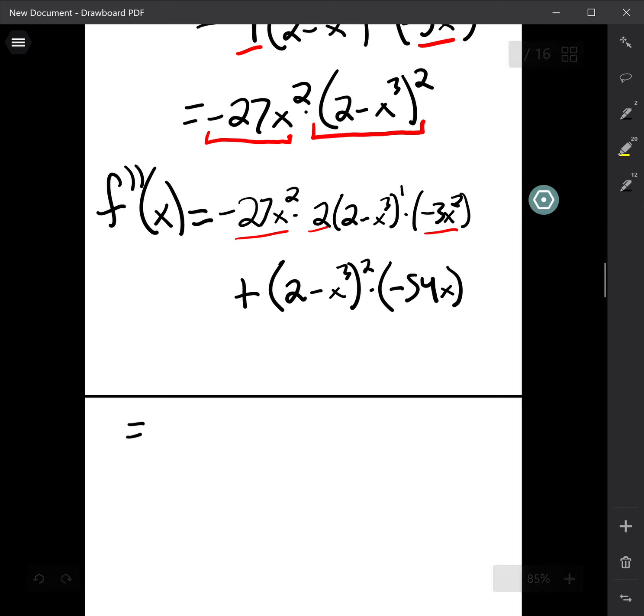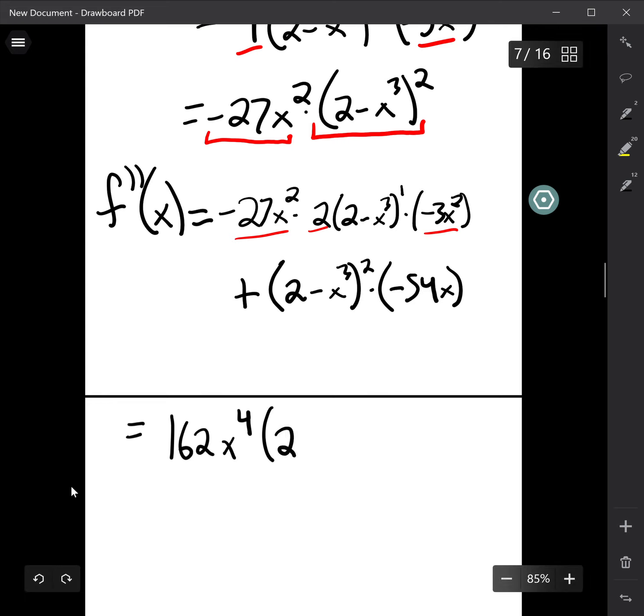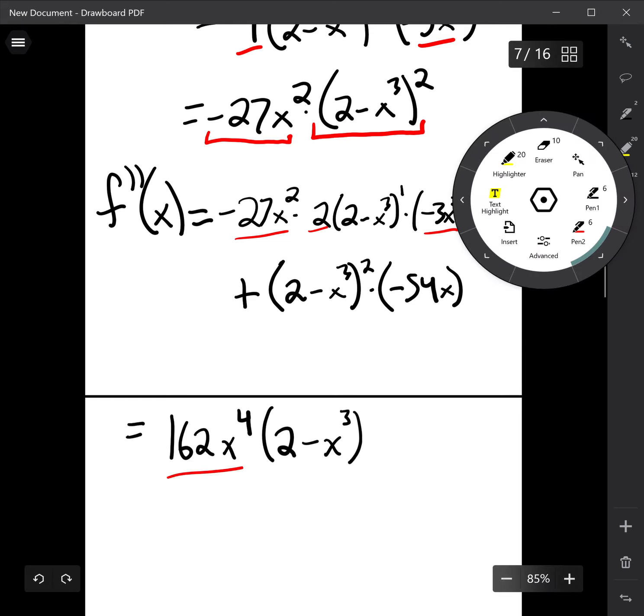If you multiply negative 27 by 2, you get negative 54. Then if you multiply negative 54 by negative 3, you get 162. If I multiply x squared by x squared, I get 162x to the fourth. So that's what I get by multiplying all those things in red together. And I'll be timesing it by 2 minus x cubed raised to the first power. So all those things in red end up giving me this.